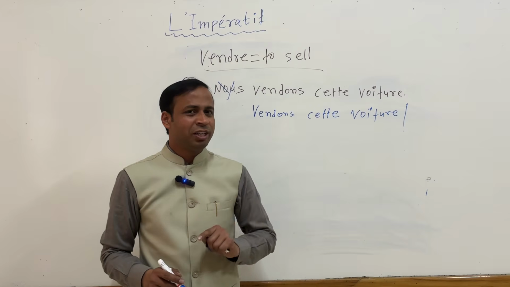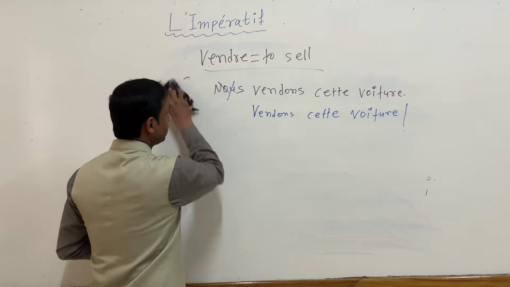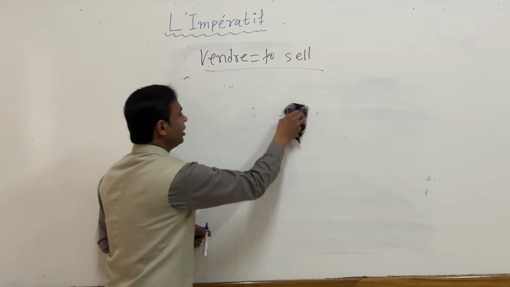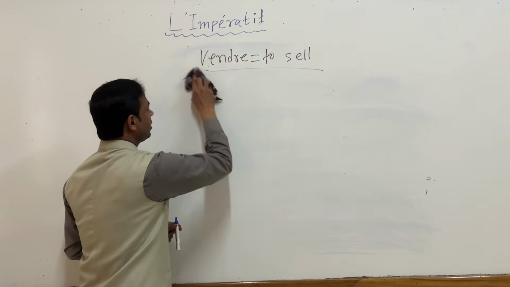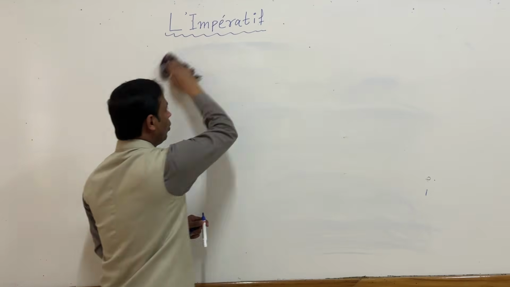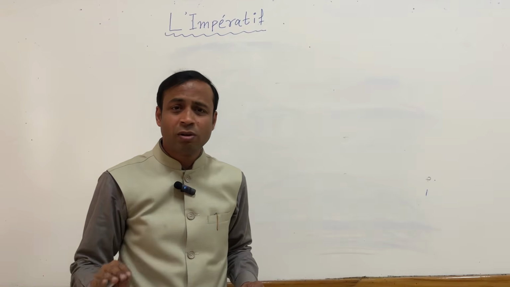Those two verbs are very important for you. All right, let me write here for you. So in this video you will learn the basics of imperative. Now we are going to learn imperative sentences with some irregular verbs.